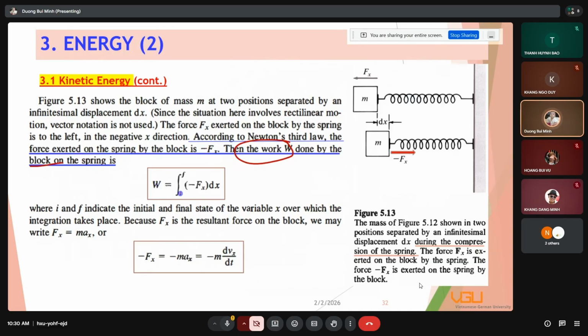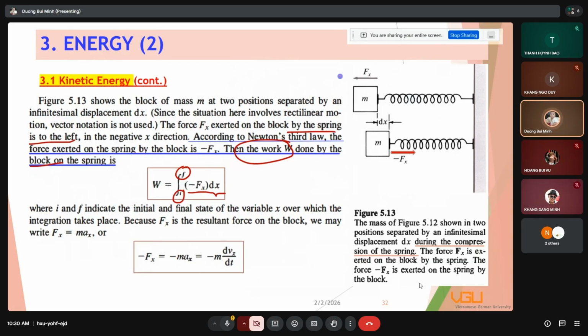We calculate the integration from xi to xf of minus Fx dx. What is Fx? Fx is the force on the block by the spring.